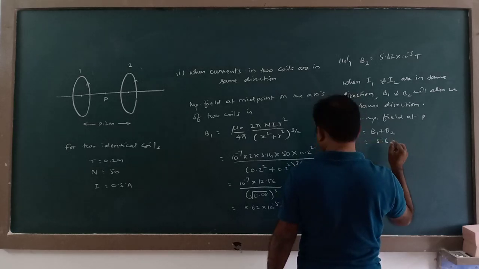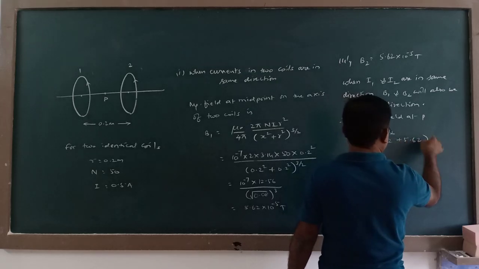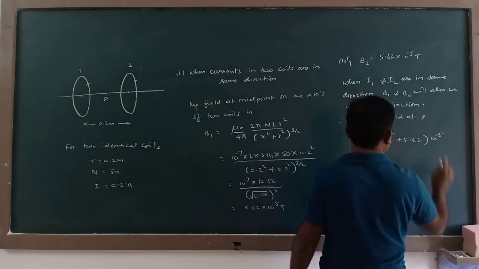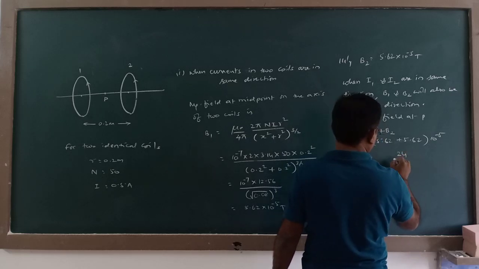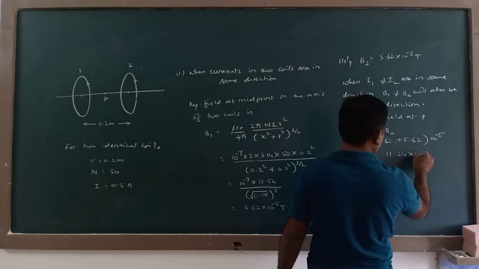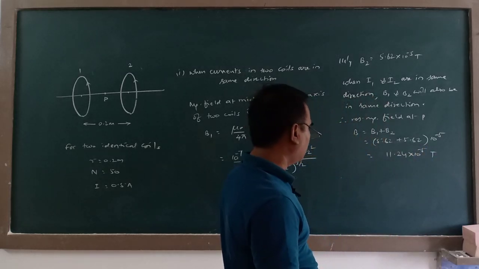So 5.62 plus 5.62, times 10 to the power of minus 5, so you will get 11.24 times 10 to the power of minus 5 Tesla.